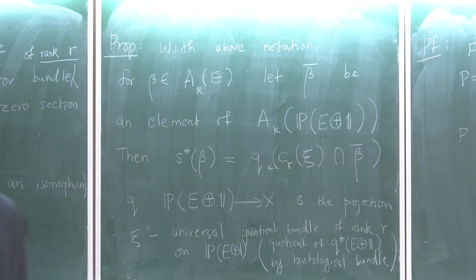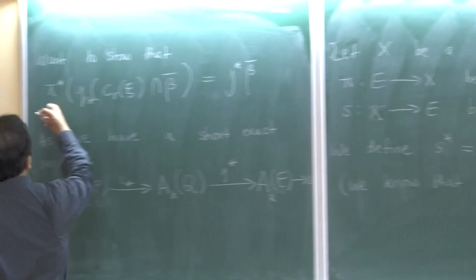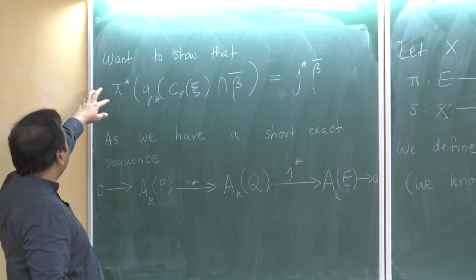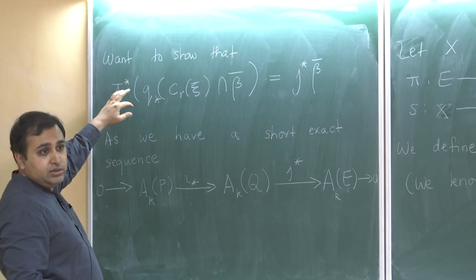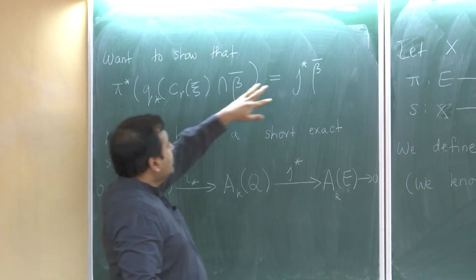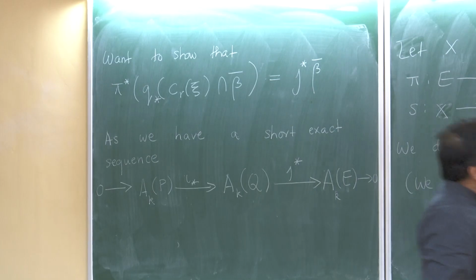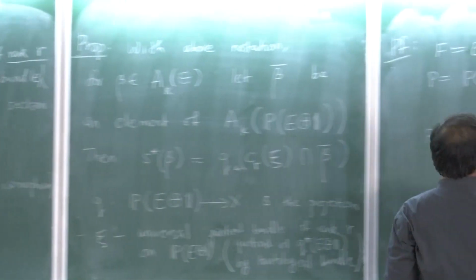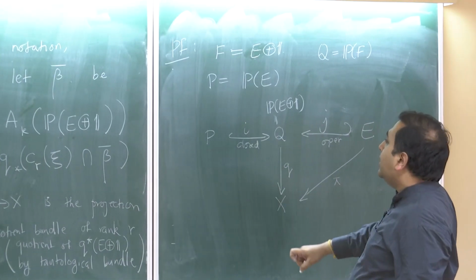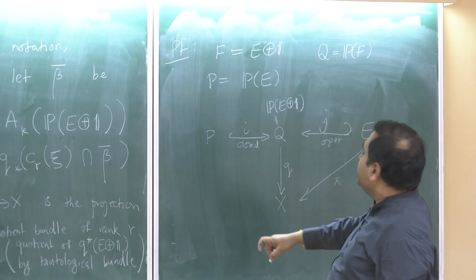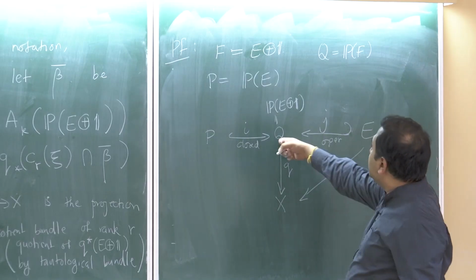No, so I take the inverse of the S, I apply pi upper star inverse to both sides, right? What is this? This is J upper star of beta. Beta is sitting over here, beta bar is sitting over here.